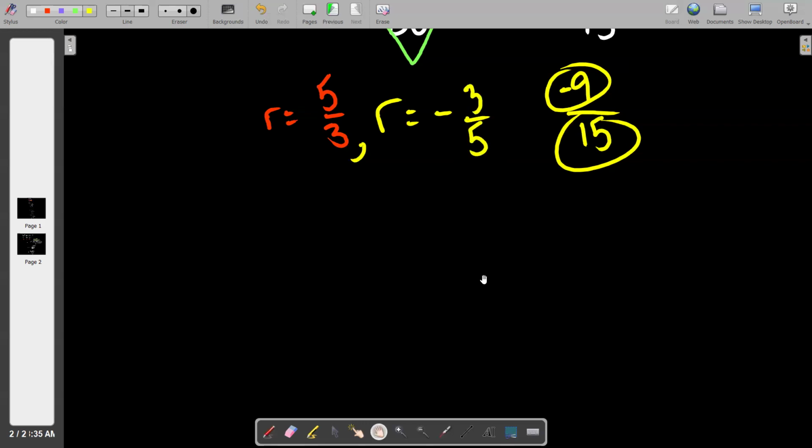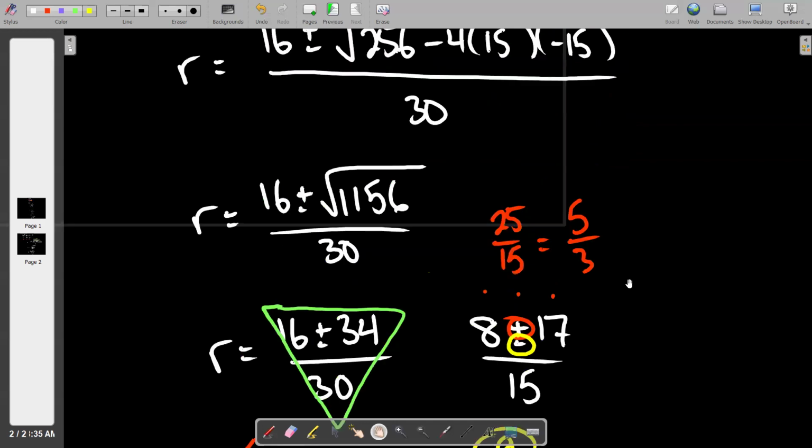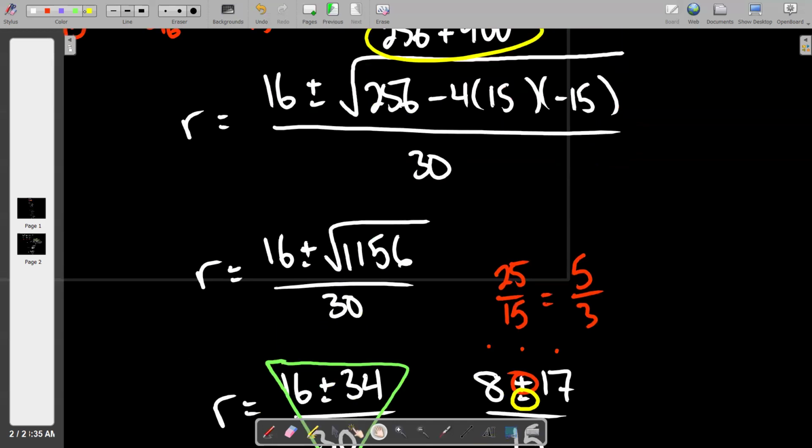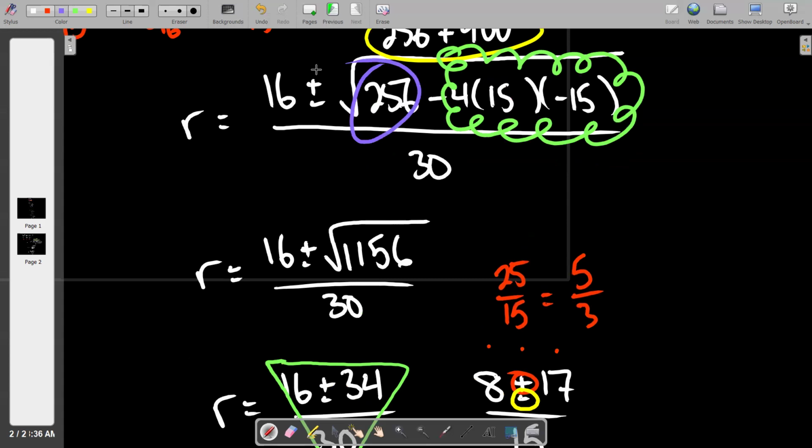So the lesson I think for you that needs to be learned in that problem, and this happens all the time, is people get so wrapped up in this 4AC part and they're like, oh, I got it. But then I've seen it hundreds of times where people then just completely ignore that. You can't do that.